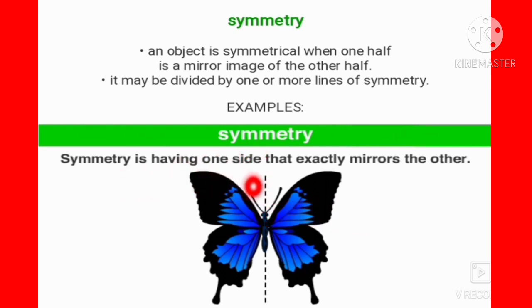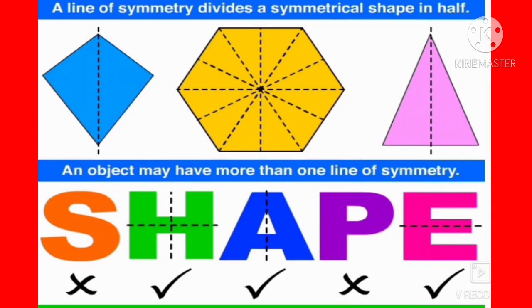Symmetry is having one side that exactly mirrors the other. A line of symmetry divides a symmetrical shape in half, isn't it? The two halves of the figures are the mirror images of each other. An object may have more than one line of symmetry.